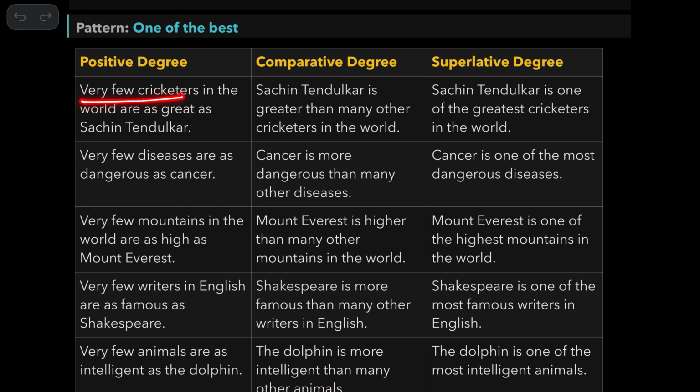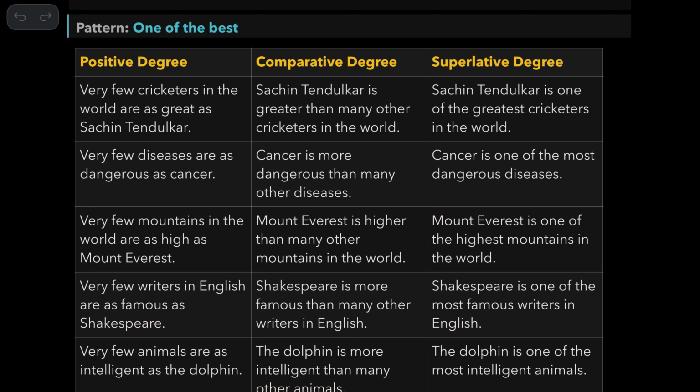Very few cricketers in the world are as great as Sachin Tendulkar. Very few diseases are as dangerous as cancer. Very few mountains in the world are as high as Mount Everest. Very few writers in English are as famous as Shakespeare. Very few animals are as intelligent as the dolphin.